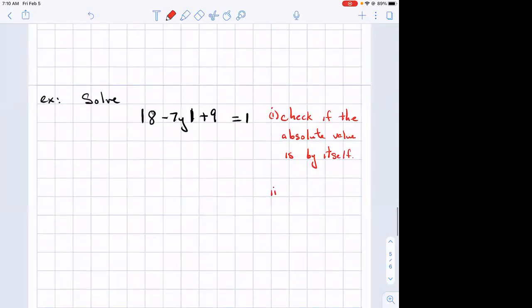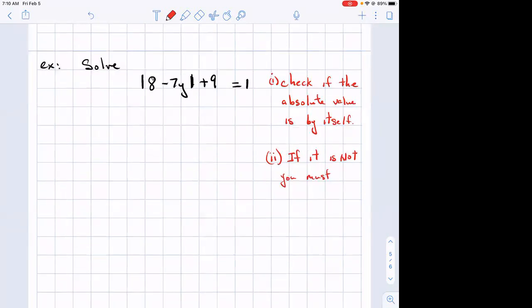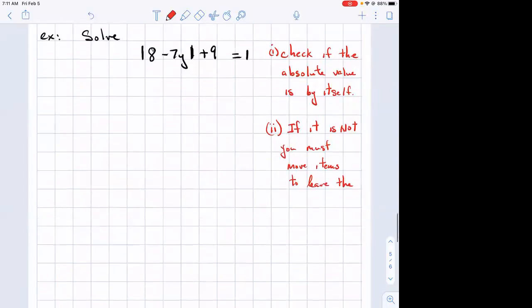And then if it is not, you must move items to leave the absolute value by itself.